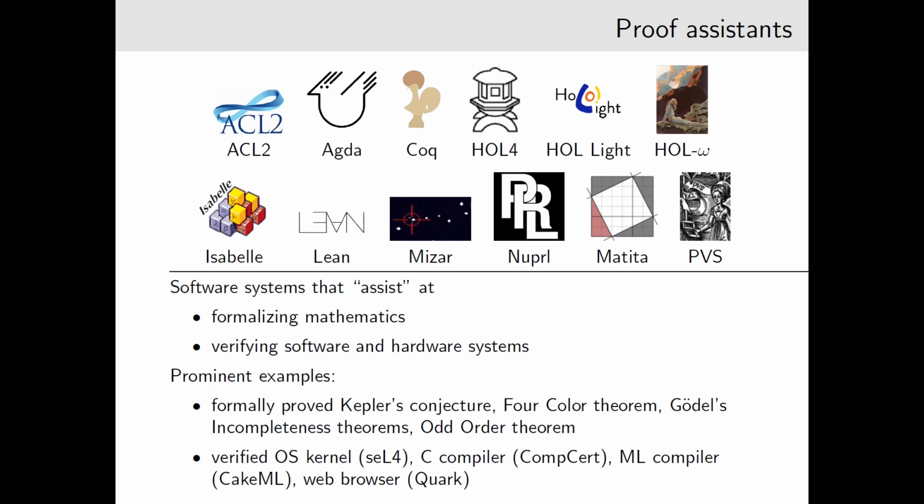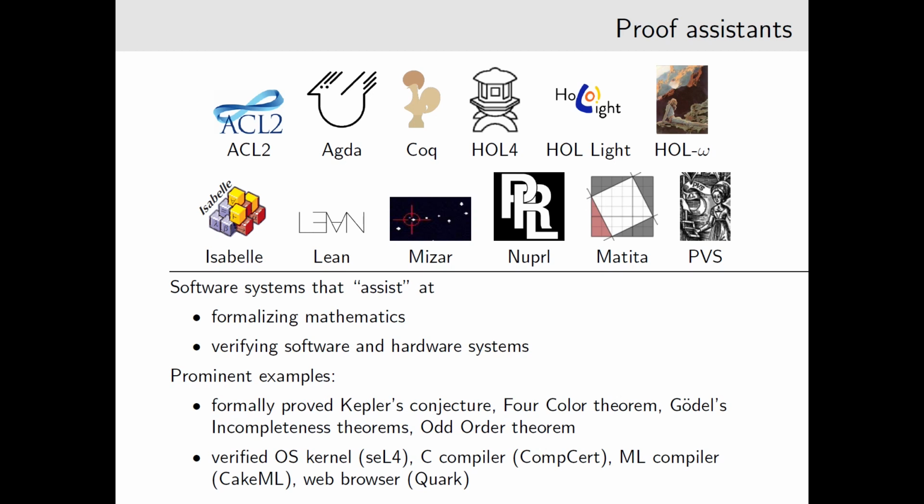So there are all these proof assistants out there with these nice logos, and we see achievements that make the news, like verifying an entire operating system kernel, proving a major theorem such as Gödel's incompleteness theorem, or verifying an entire browser.